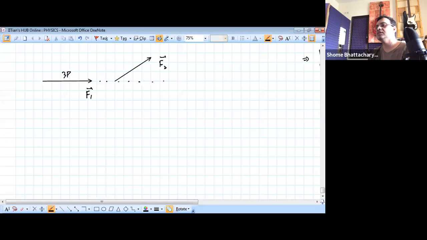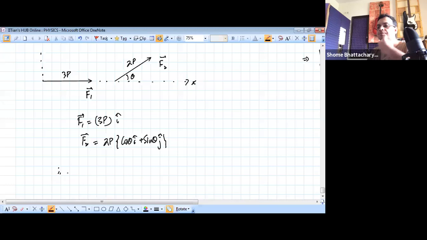Suppose we take this as our x-axis. Magnitude 2p and like this. So the vector f1 in our component form we will write as 3p i cap, and vector f2 we'll write as 2p (cos theta i cap plus sin theta j cap).